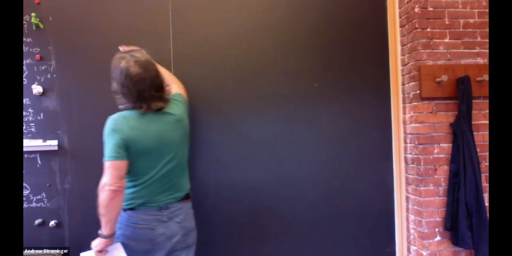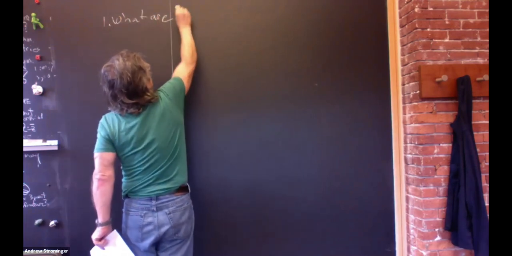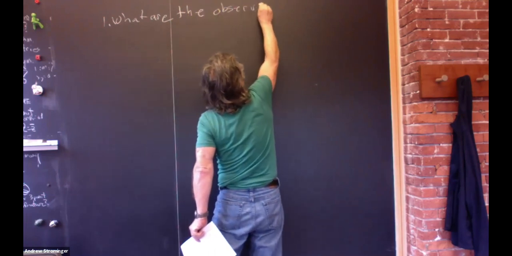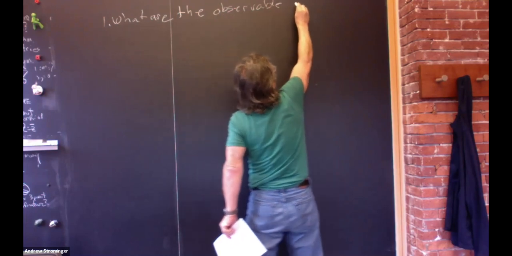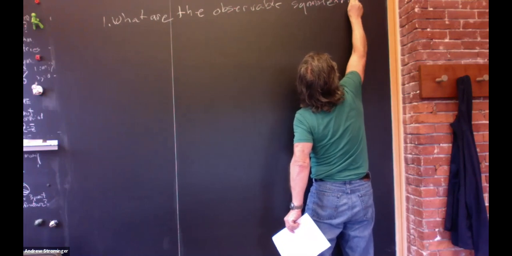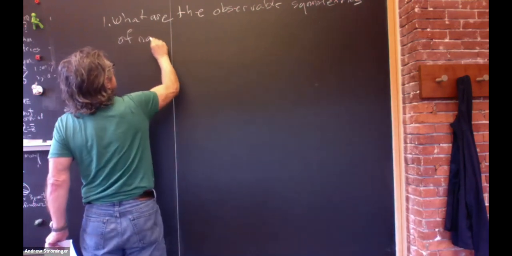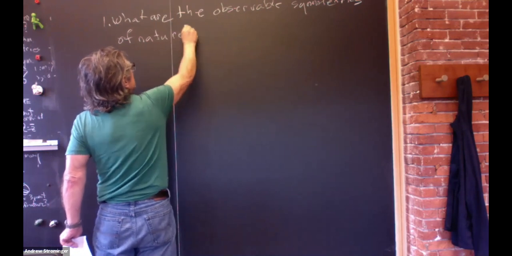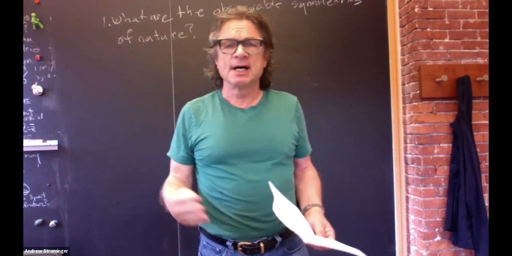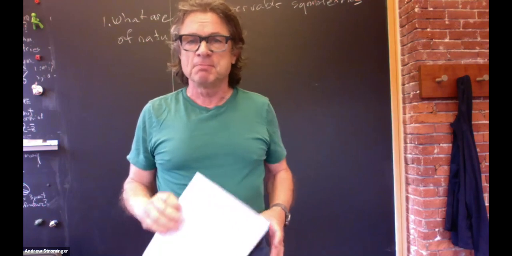So the first question is, what are the observable symmetries of nature? By observable, I mean things that correspond to conservation laws, and the conservation laws can be measured.